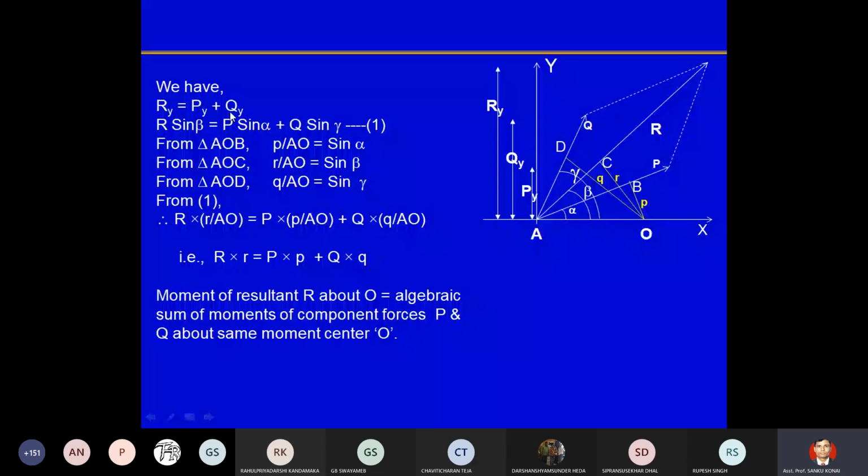So from this triangle AOB, if you want to find out what will be the sin alpha, that will be this small p by AO, perpendicular by this AO line. So p by AO will be sin alpha. Similarly, r by AO will be sin beta and q by AO will be sin gamma.